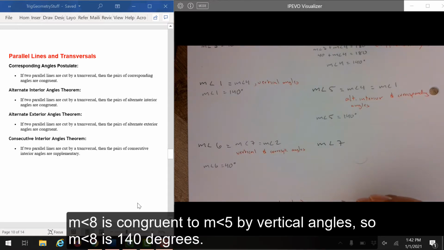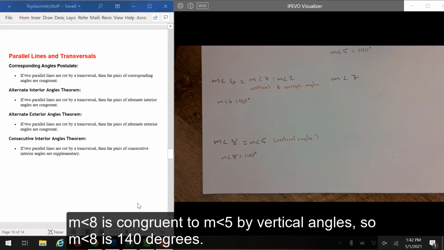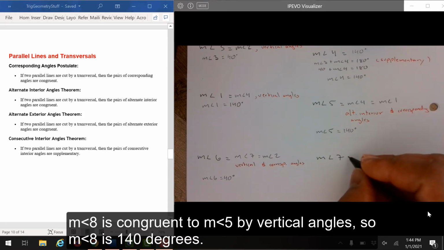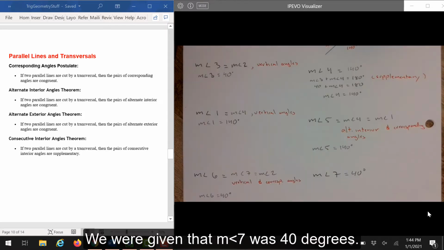The measure of angle 8 is congruent to the measure of angle 5 by vertical angles, so the measure of 8 is 140 degrees. We are also given that the measure of angle 7 was 40 degrees.